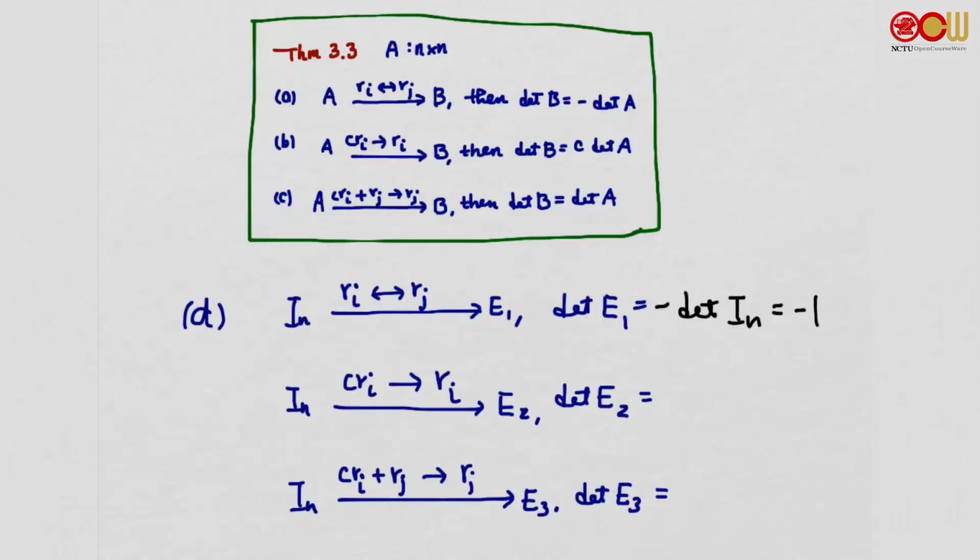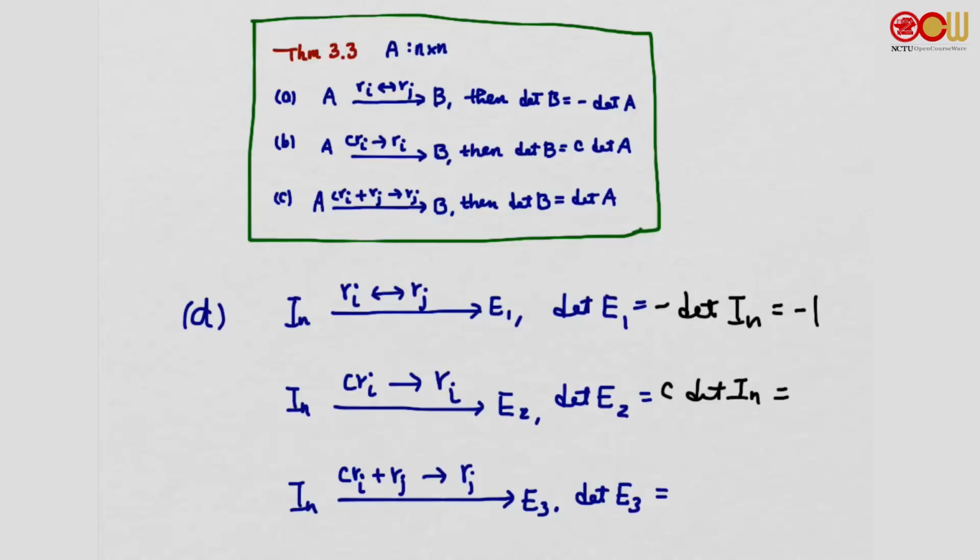How about this case? When we have the identity matrix and we scale the ith row by C, and we get E2, an elementary matrix, what is the determinant of E2? Which part of Theorem 3.3 will be useful? We can use this B, right? Determinant E2 would be related to the determinant of the identity matrix, like so.